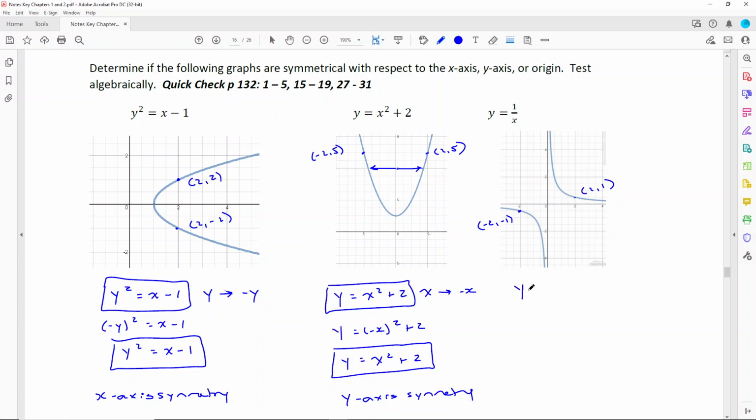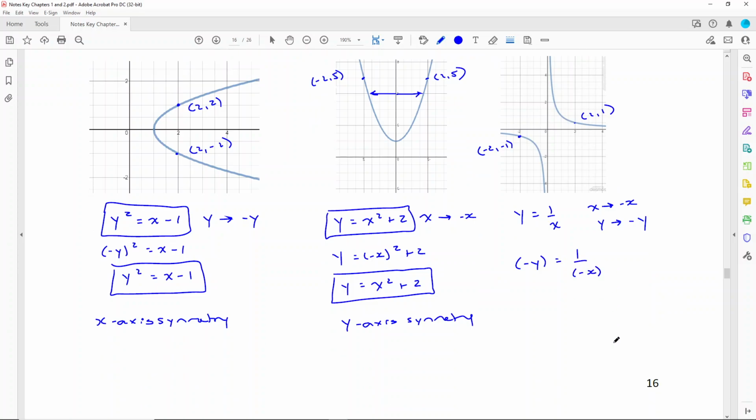But I take the equation y equals 1 over x, and I replace x with -x and y with -y at the same time. Oop, that was supposed to be a y. So I'm going to replace the y with -y, and I'm going to replace the x with -x. Now this one didn't have squares in it, and that's okay, right? But what happens is I get -y equals -1 over x.